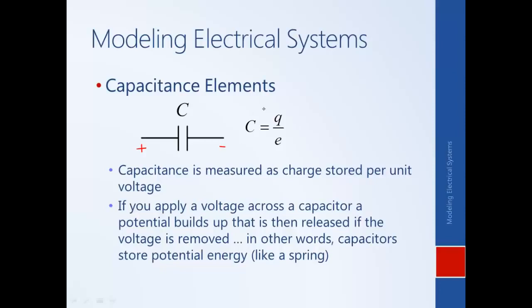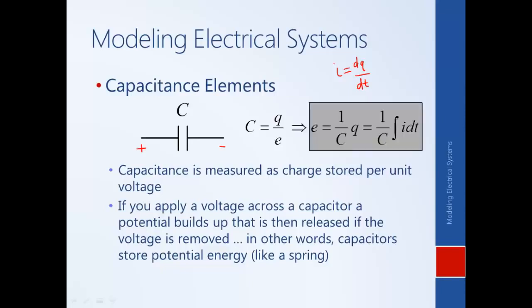Looking at this relationship, if we think back to the fact that current is the time rate of change of charge, we can get a relationship between the voltage across the capacitor and the current through it. Rearranging, we can multiply the voltage to the left-hand side, divide through by the capacitance. So we have this relationship.